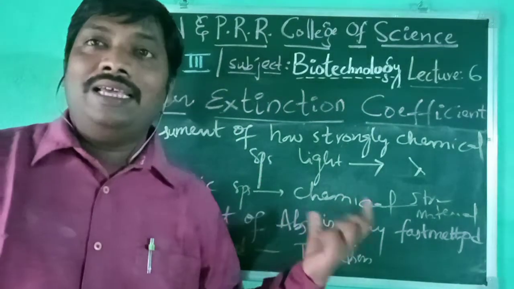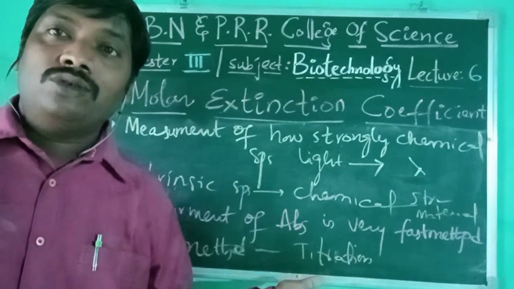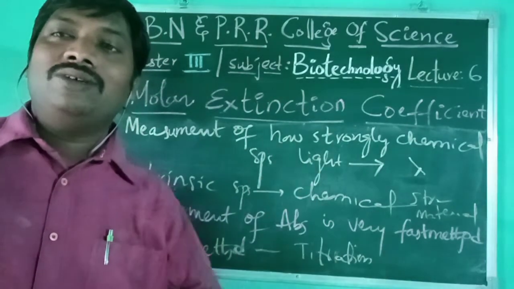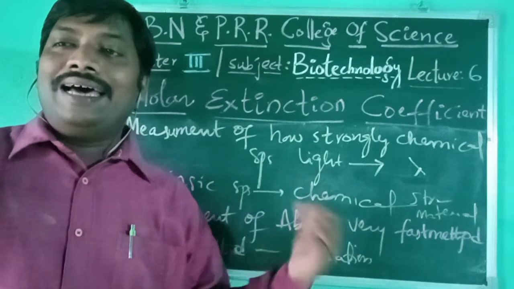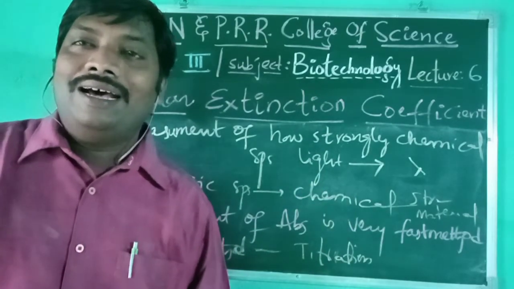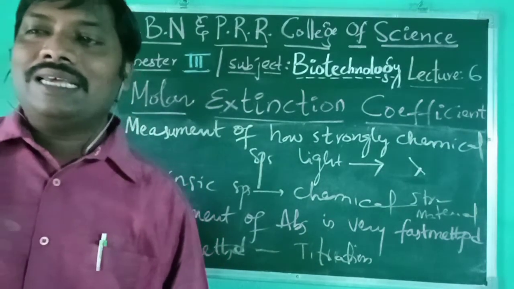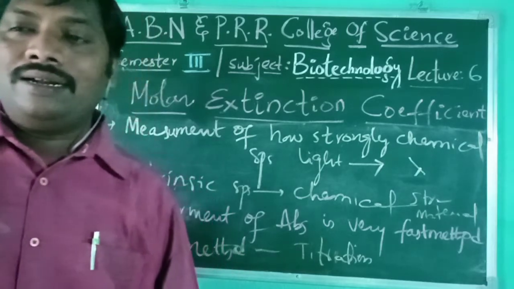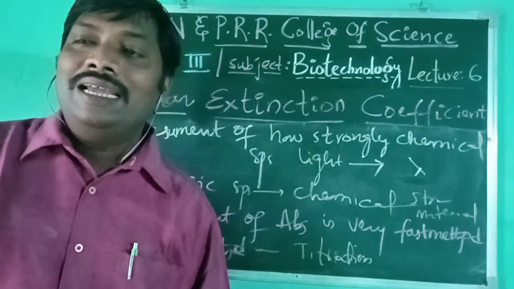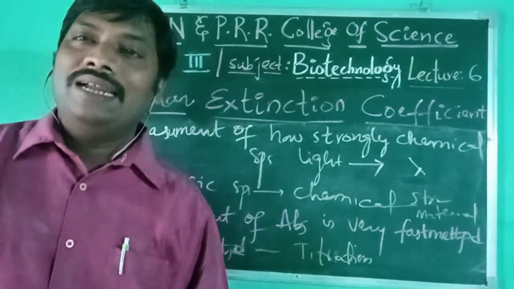If absorbance is not determined by spectroscopy, what are the other methods of measuring the extinction coefficient? The other measuring methods are titration methods. Titration methods take more time and require additional chemicals.